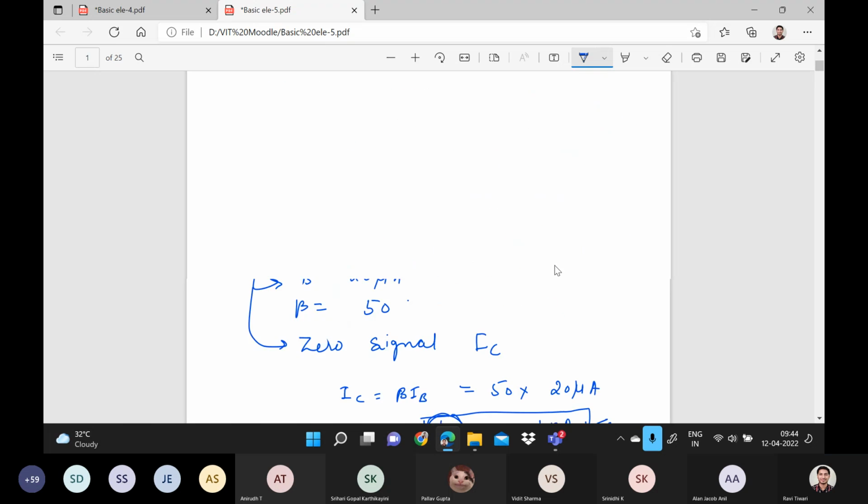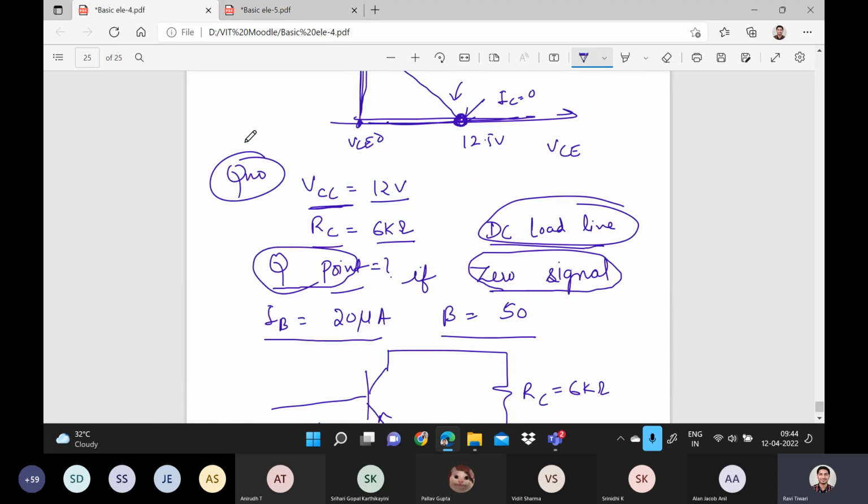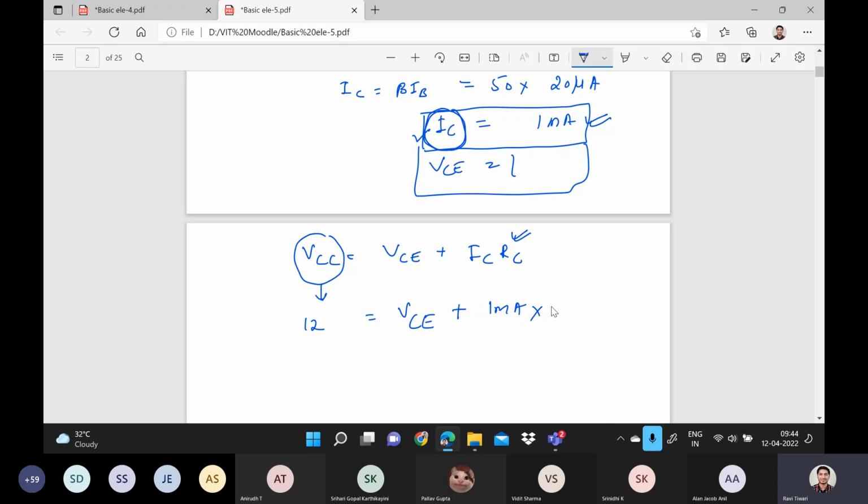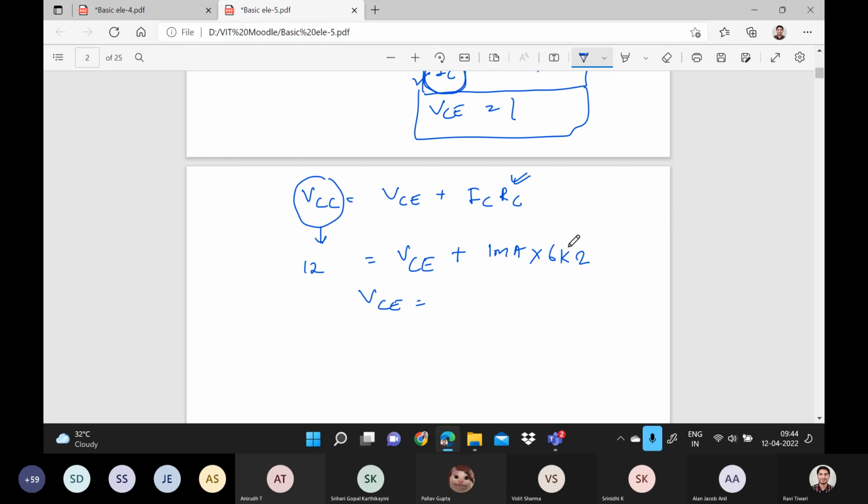RC in the equation is 6 kilo. Tell me the value of VCE. 6 volt. Okay.